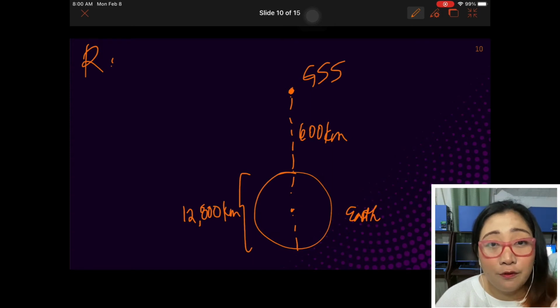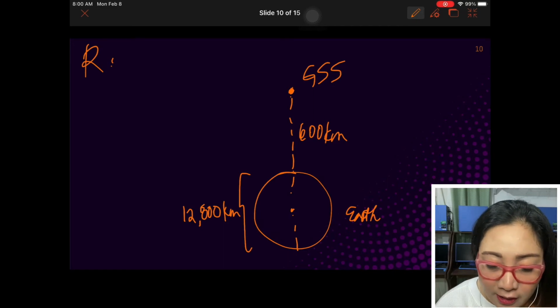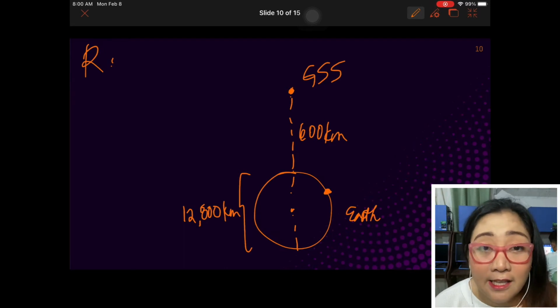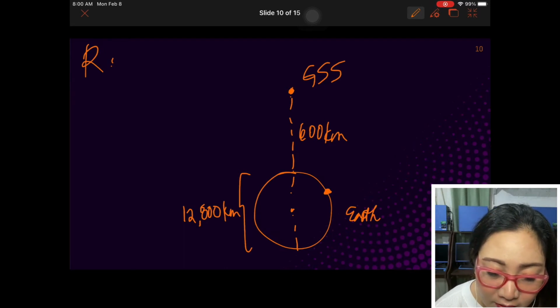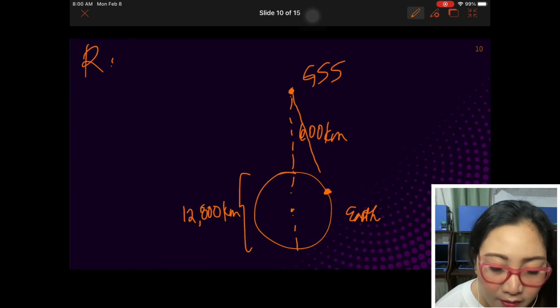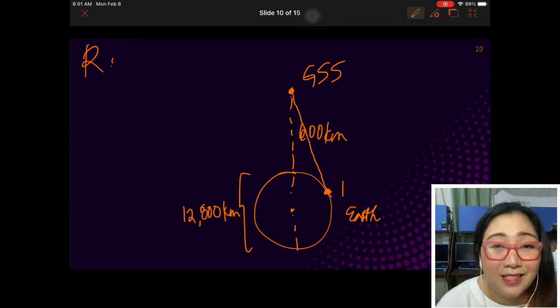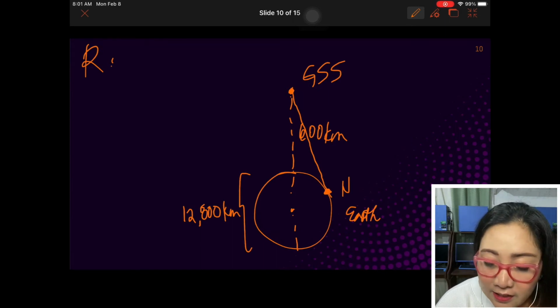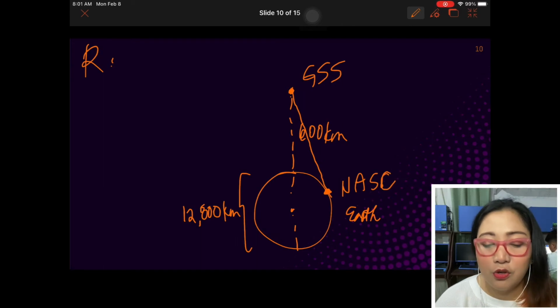Meron daw tayong na-view na isa pang space station. Okay? From, or doon sa Earth mismo. So, ano yung space station na yan? So, dito natin siya ilalagay. Kasi tangent din siya. Yung viewing niya, yung viewing angle niya is tangent to the Earth. So, ito yun. Okay? So, ito naman yung isa pang area natin, si Neil Armstrong Space Center. Neil Armstrong Space Center.